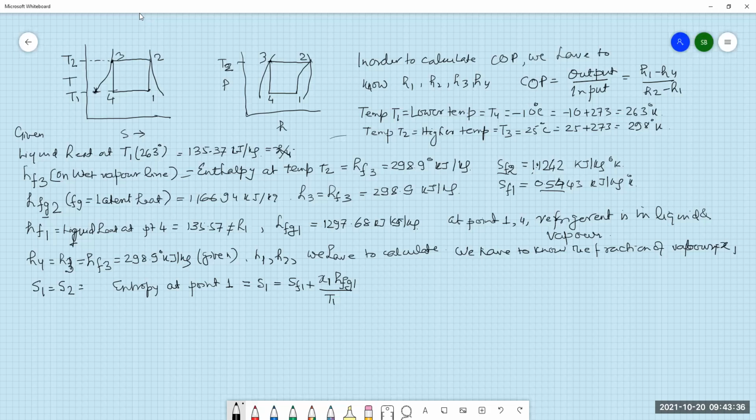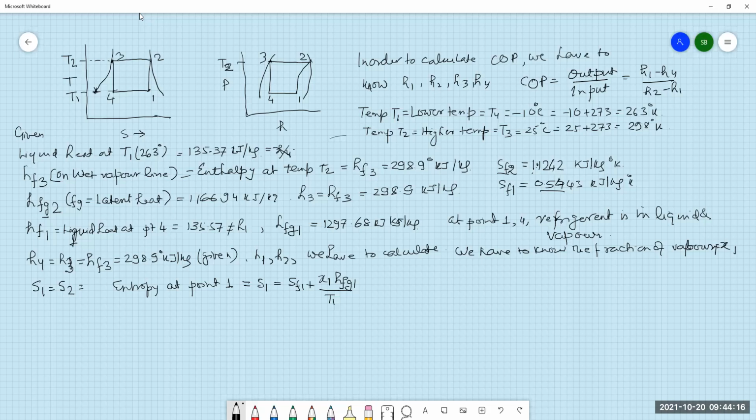So we have to do it again here. S2 will be SF2, the entropy at point 2, plus HFG2, the latent heat from 3 to 2, divided by the temperature T2 itself, the high temperature.